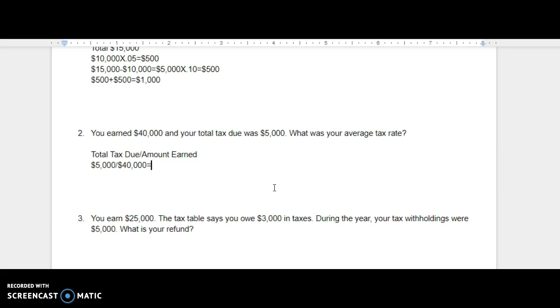When we do that, we're going to get 0.125, and let's go ahead and change that into a percentage by moving that decimal place 2 over, so 12.5%. So on $40,000, you are paying 12.5% tax, which means you have $5,000 in taxes due.